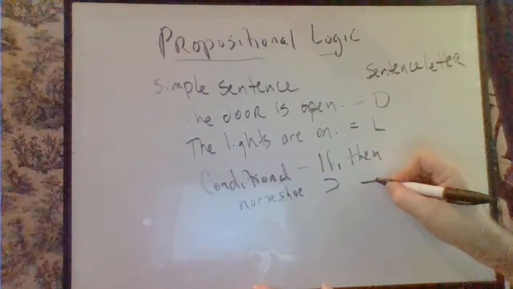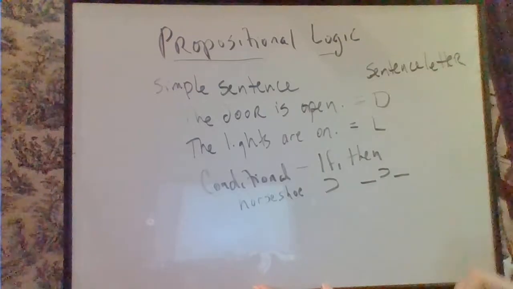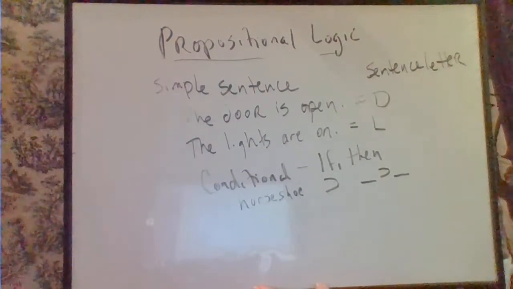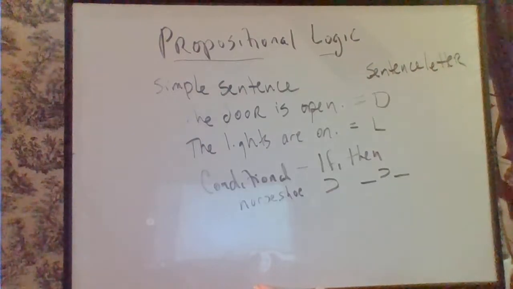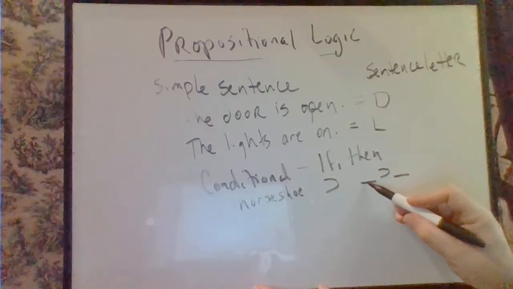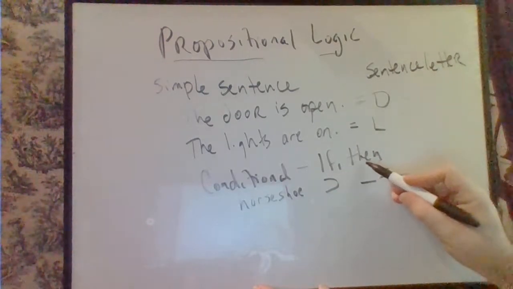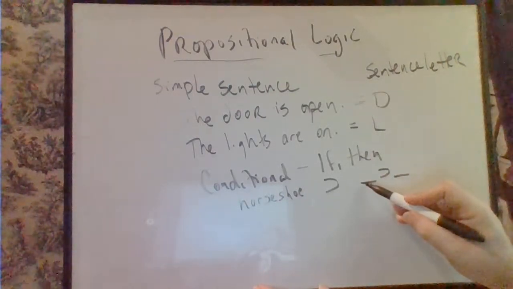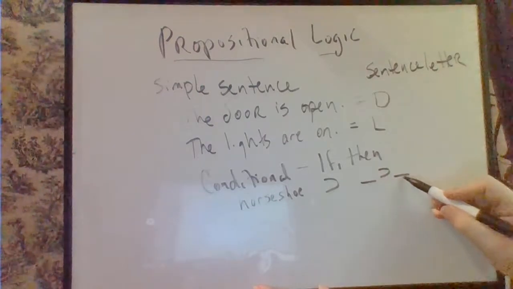And again, it would be between two letters. Now here, as always with the conditional, the order is going to matter. The order does matter. The if part, your antecedent, is always before the horseshoe. The then part, the consequent, is always after the horseshoe. Okay, so antecedent, horseshoe, consequent.